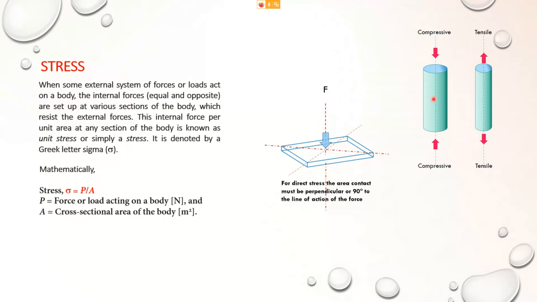So remember, if I want to find the stress acting on the object like this, the area should be this area here. Everyone clear? This area should be the circular cross-sectional area. What is the area of a circular cross-section? Pi r squared, where r represents the radius, or you can use pi d squared over 4, where d refers to the diameter. So this is compressive and this is tensile. What happens when the bar is subjected to compressive force like that, and when the bar is subjected to pulling or tensile force like that?